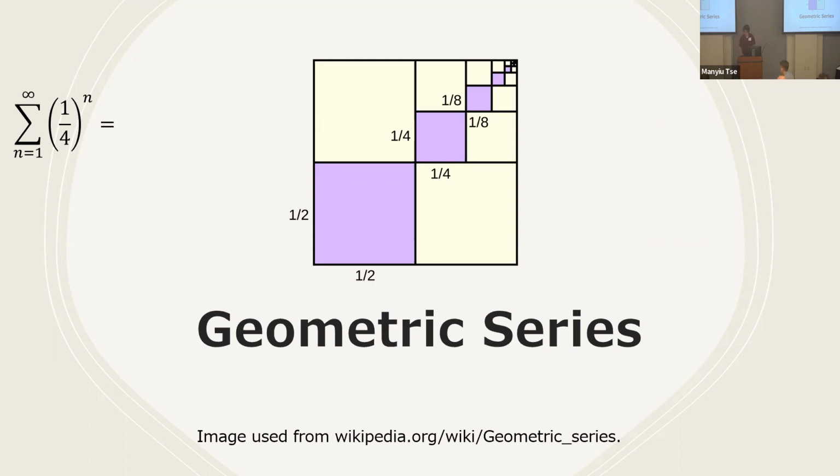Let's look at the first area, that's equal to a half times a half, which is a fourth, the first term. Then the next square is a fourth times a fourth, or 1/4 squared, the second term. And the third area is 1/4 cubed, the third term. Going all the way down, we see visually that this is a third, and that's what it converges to.